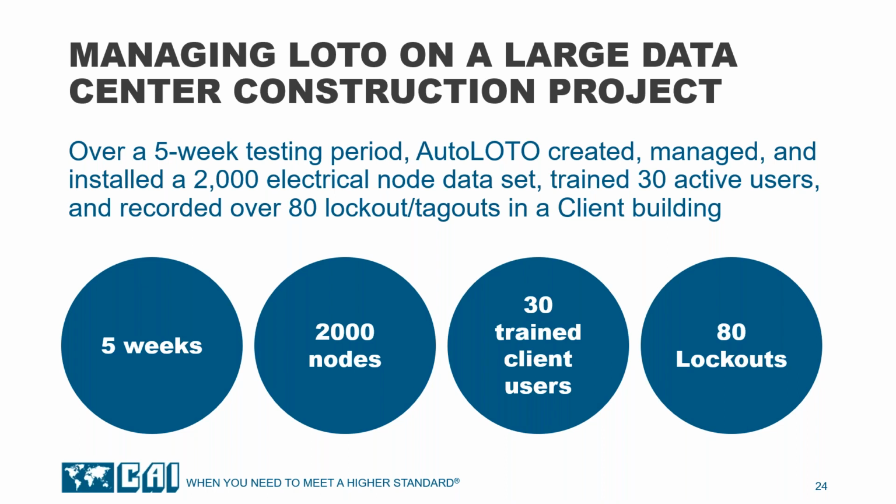This particular site had over 2,000 nodes. The company trained 30 client users in that space, and they executed over 80 lockouts during this time. The key points here: in 5 weeks, over 2,000 nodes are loaded, 30 people are trained, and 80 lockout tagouts are executed during this piece.